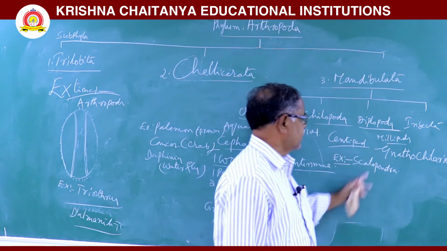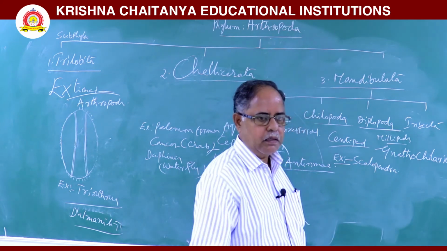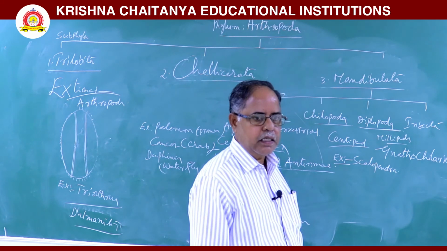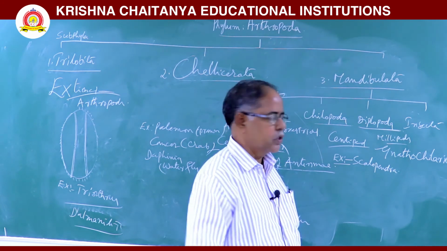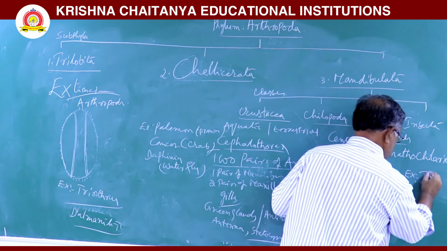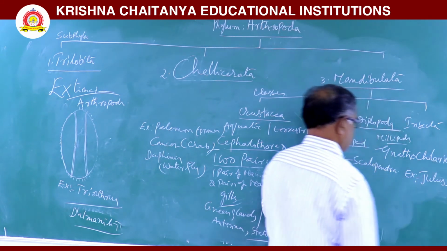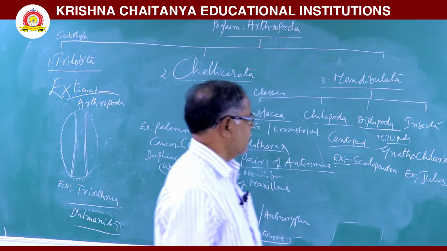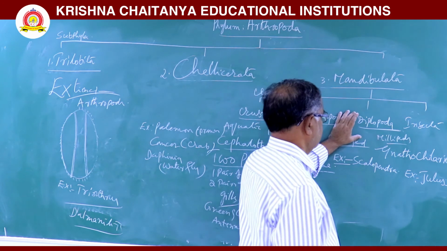The respiratory organs are trachea. The excretory organs are Malpighian tubules. Example: Spirostreptus. These are some general characters of Diplopoda.